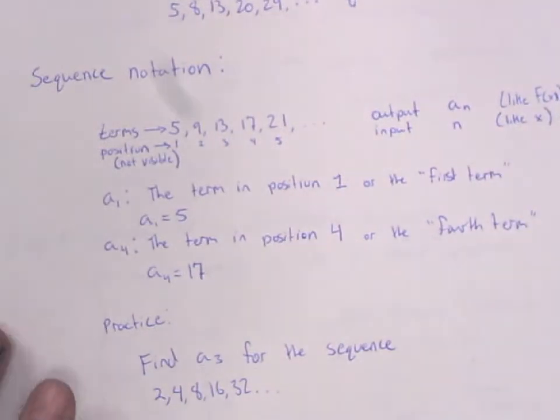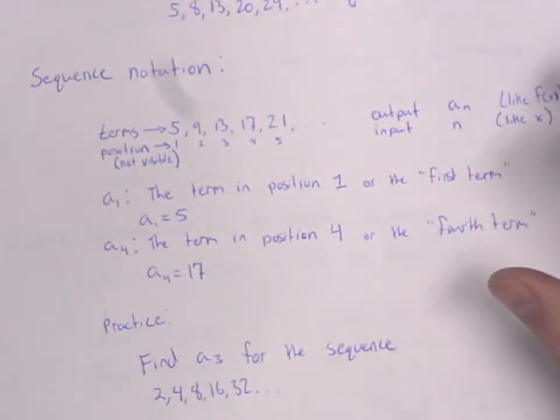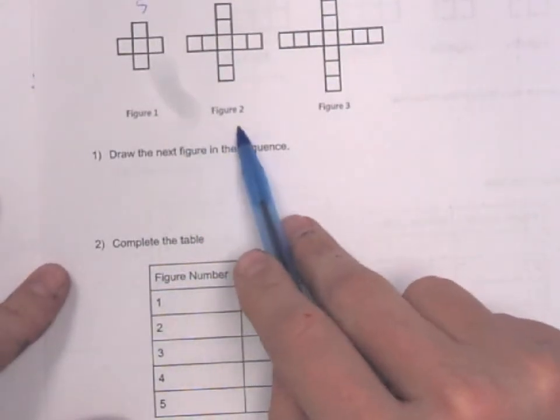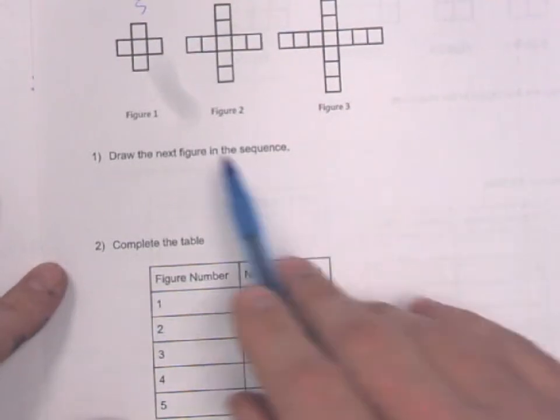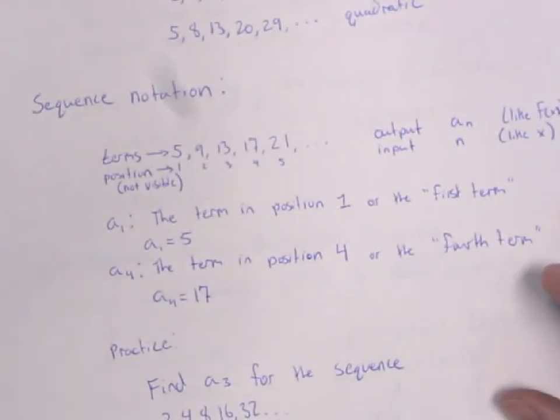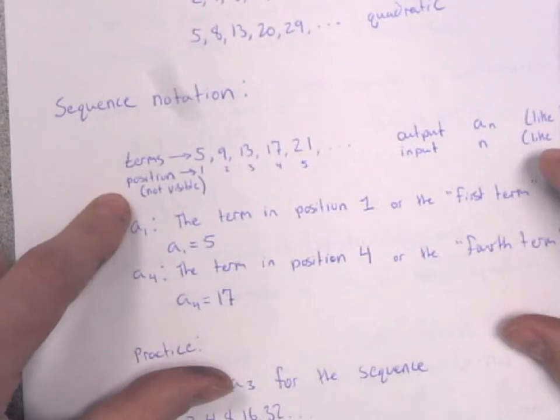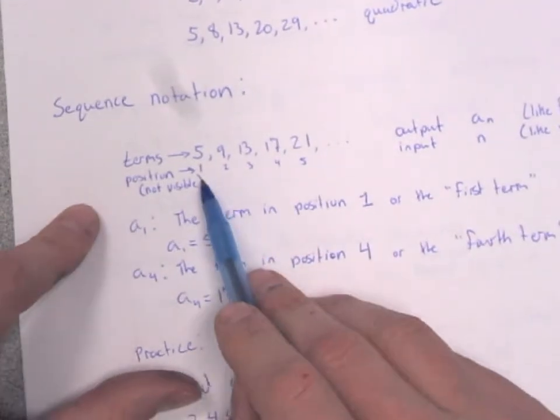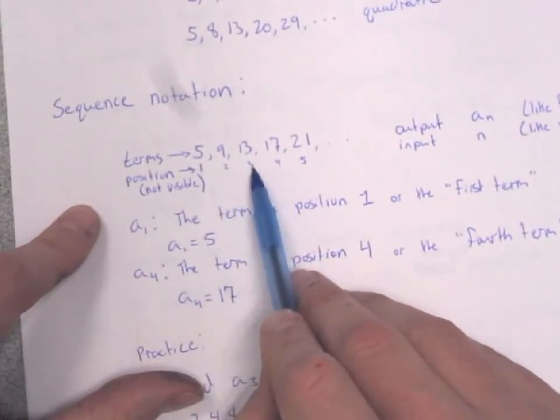Okay, now what we don't see is the figure number. In our pattern task, going back to this first pattern task, we had figure 1, figure 2, figure 3, figure 4. Right? That piece we don't see in a sequence. It's an ordered list, so they have a position, right? Position 1, position 2, 3, 4, and 5.